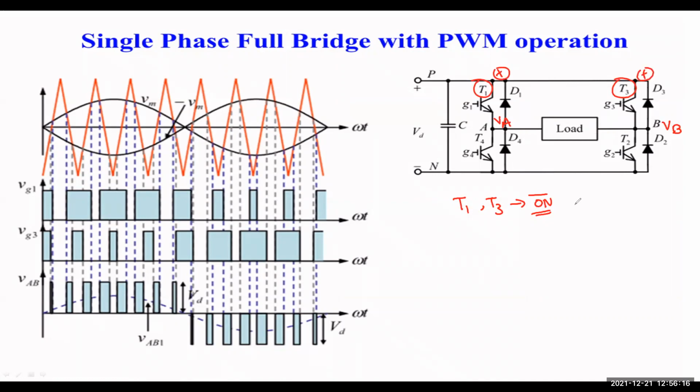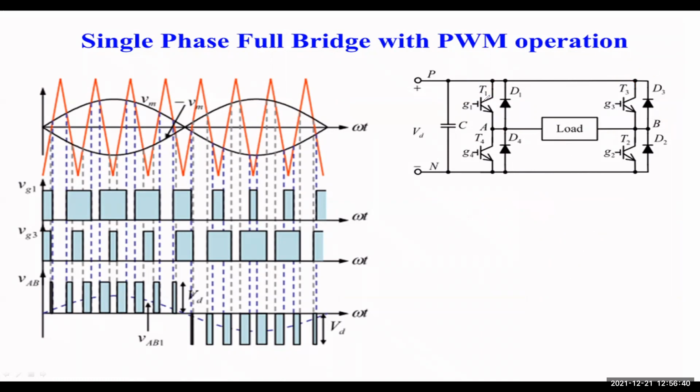That's why VA is equal to VB. Am I right? Then the load voltage VD is equal to VA minus VB, which is equal to 0. VD is equal to 0. Like this, these voltages can be generated across the load.